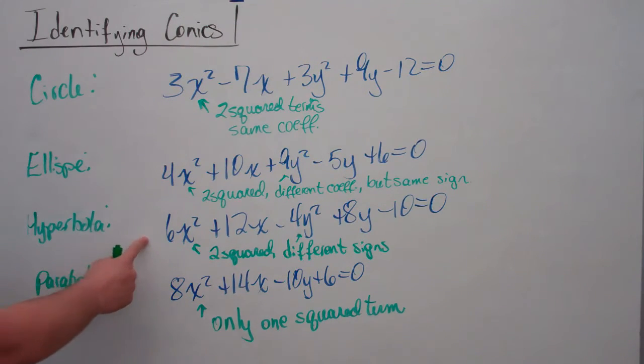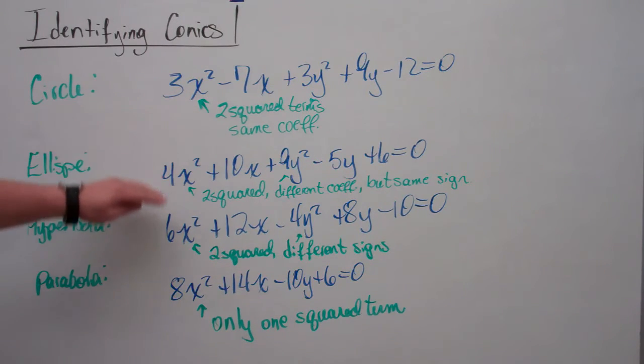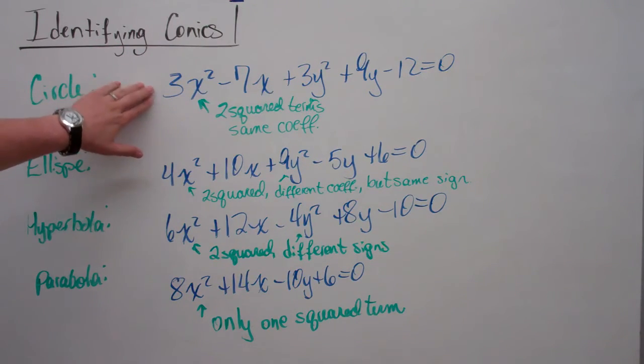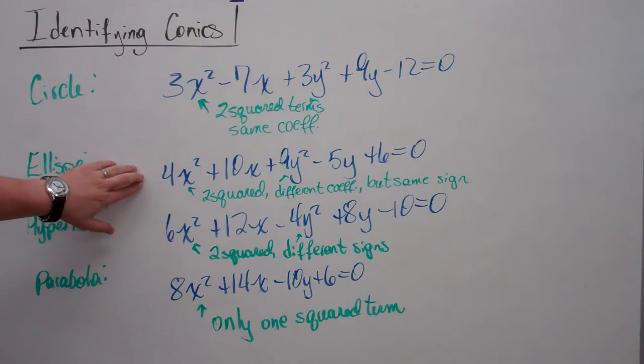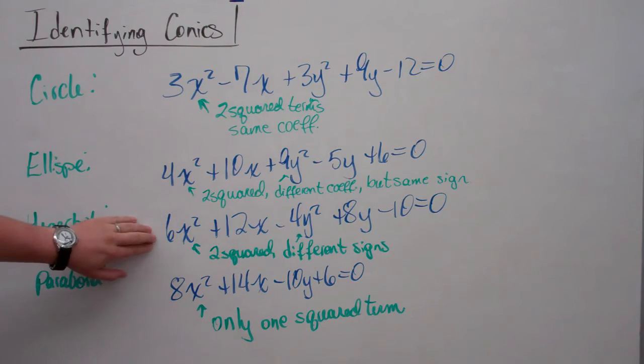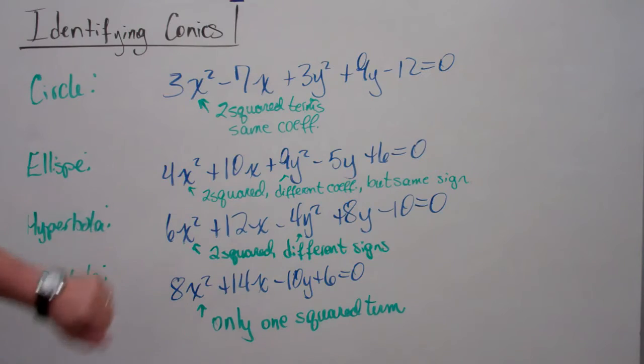The x could be the negative one and the y could be the positive one. That's fine, they still have different signs. One has to be positive and one has to be negative for it to be a hyperbola. And again, for a parabola, you only have one squared term.